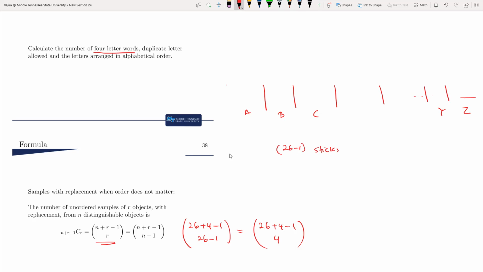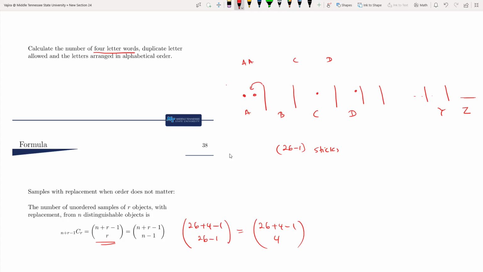Then let's say it's a 4-letter word. You allow duplicate letters, so you can have more than one dot in an urn. Let's say this is D. So this is going to be A, C, D. Now you can move this stick to here.